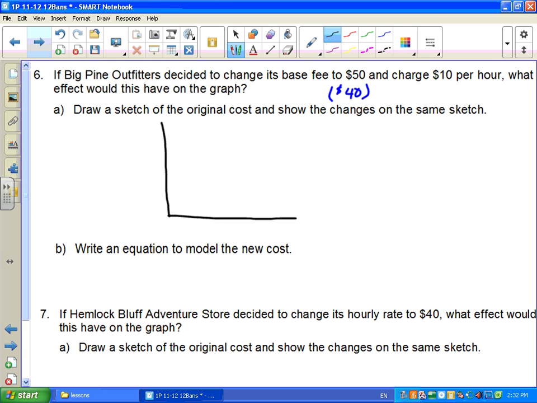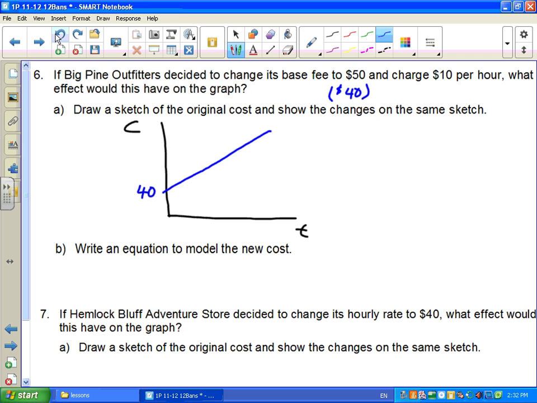Let's say this is our graph, this is T, this is C. Our graph before went kind of like this. It started right here at 40, and our rate of change here was 10. So it started at 40 and then it went up from there.